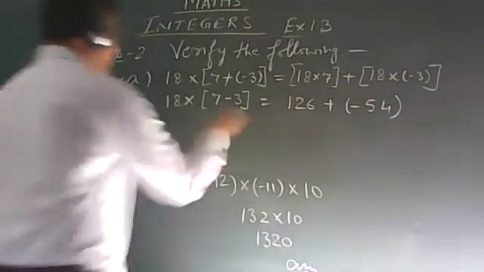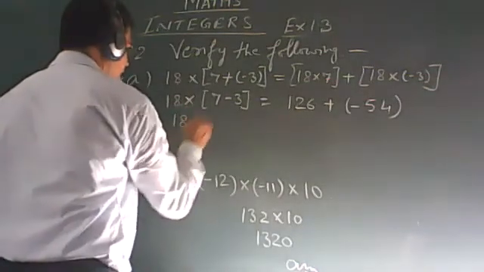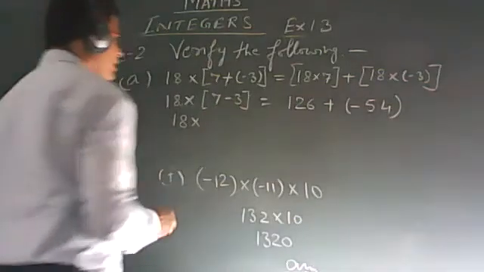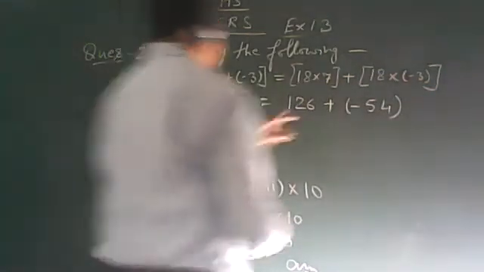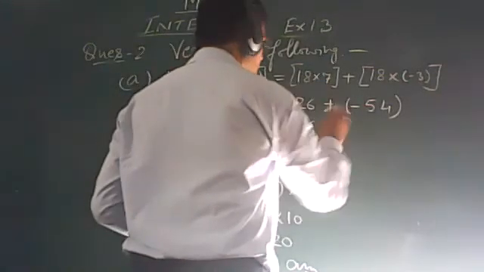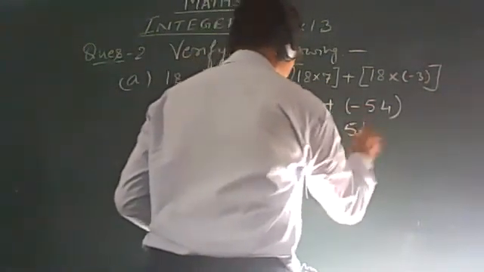Now again we solve this step: 126 minus 54 comes 72. Equals, and this side also we solve, plus minus minus 54.